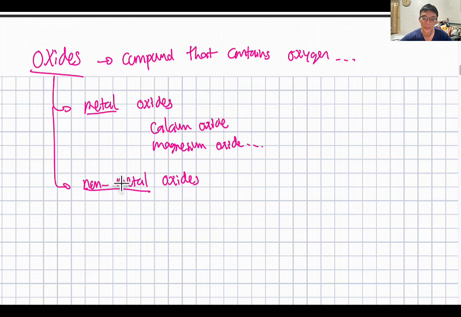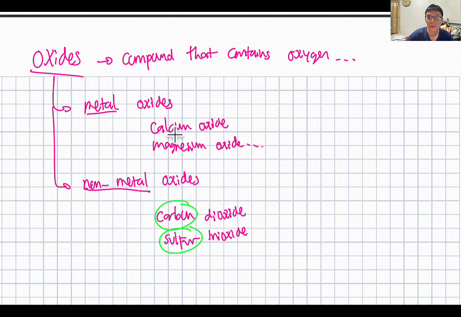While for non-metal oxide, for example like carbon dioxide or sulfur trioxide or nitrogen dioxide, and many more. So you see that this part, they are non-metals, while this part, they are metals. Metal oxide, typically they are not soluble, so they remain solid. In solution, they remain solid, while for non-metal oxides, typically they are in the form of gas.